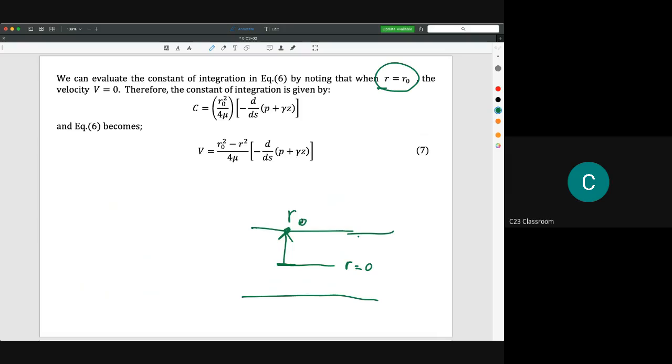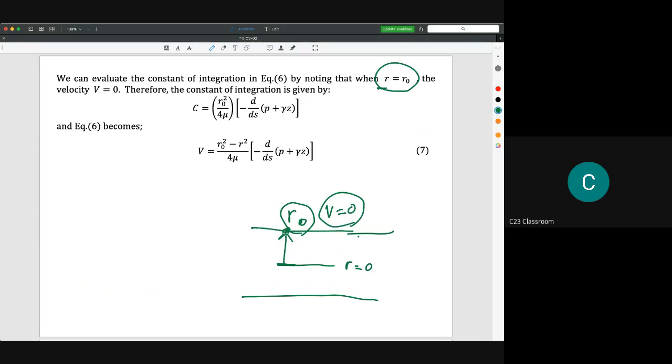At r equal to r naught, the velocity is equal to 0, because the no slip condition will hold the molecule very hard, so the molecule will not move at any velocity.